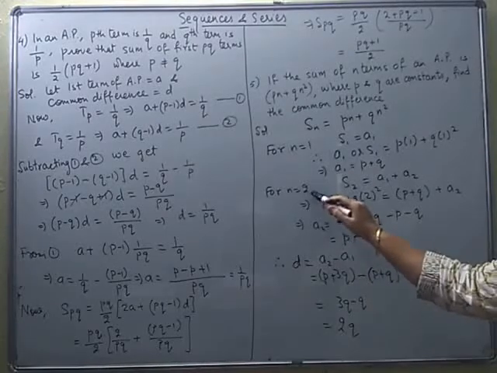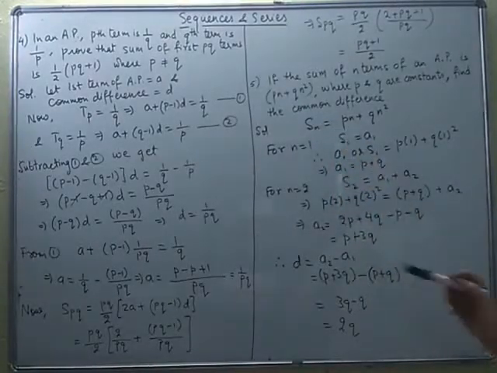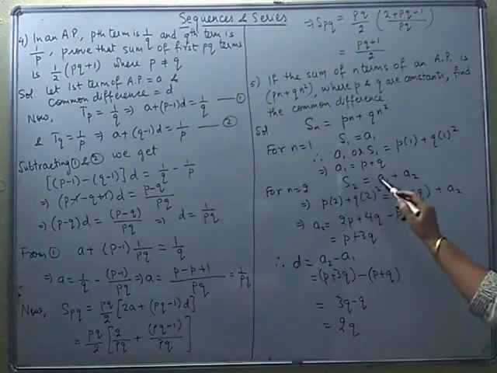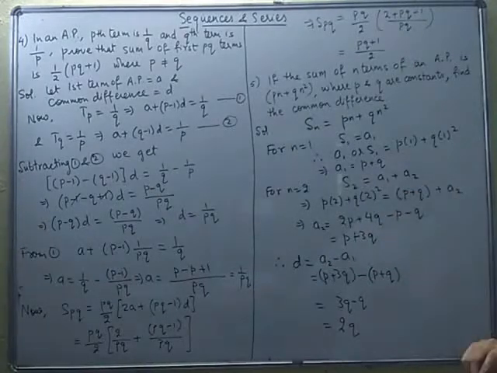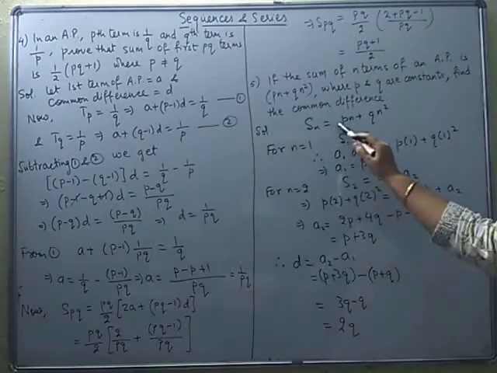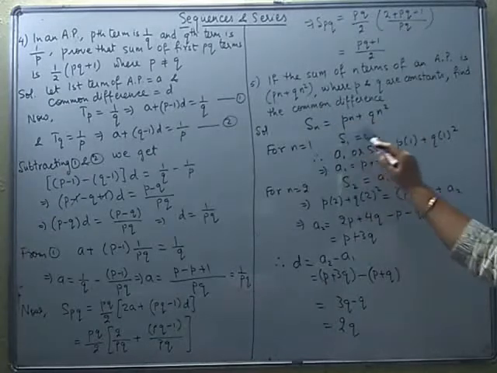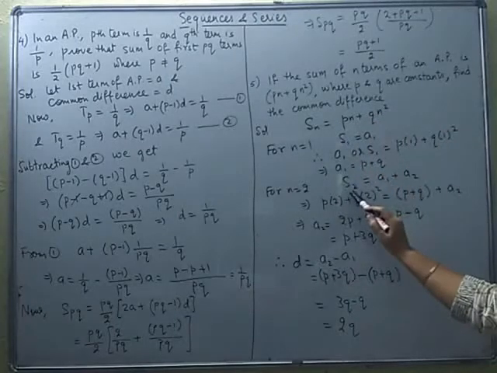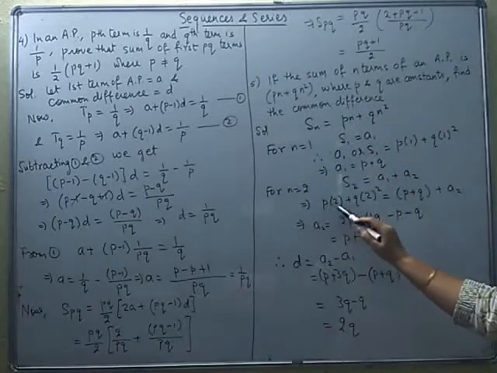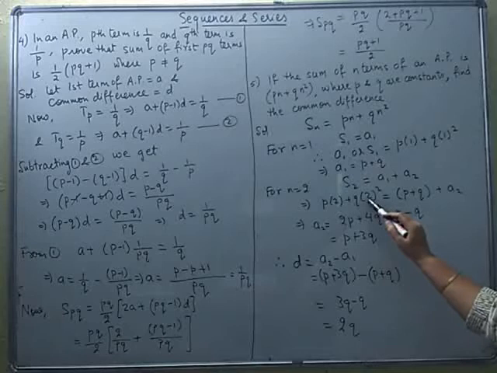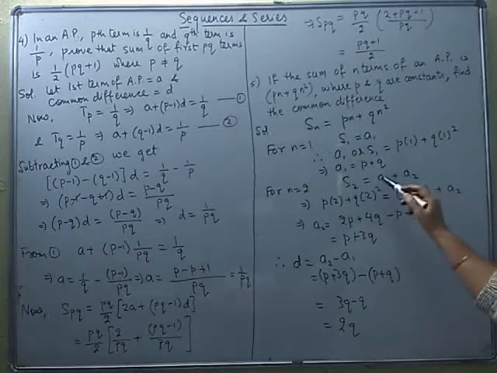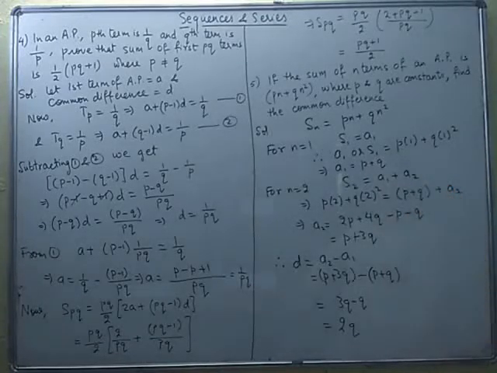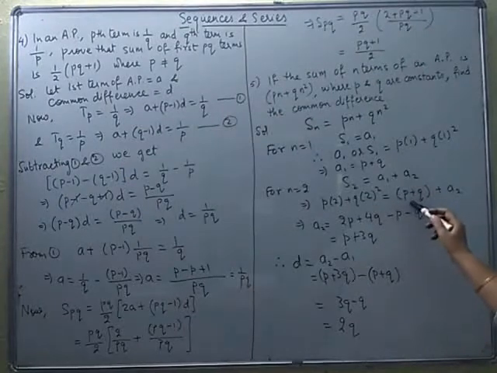Now if I replace n by 2, it will denote sum of first two terms. So S2 means first term plus second term. Now S2 can also be obtained by replacing n by 2 here. So S2 can be written as p into 2 plus q into square of 2. And on the right side, we have written it as A1 plus A2, where A1 is also known to us.